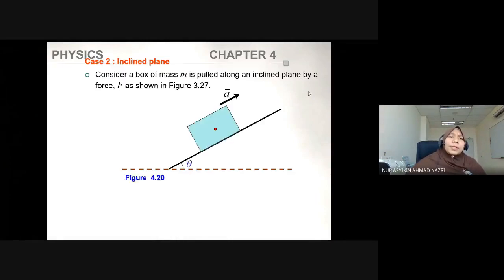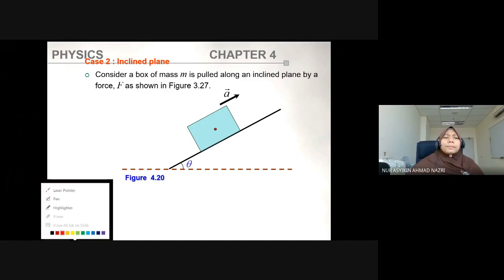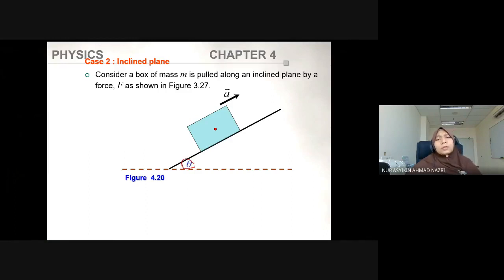Alright, so for case inclined plane, even the angle here is 10 degree or 15 degree, still it affects the value of the acceleration.